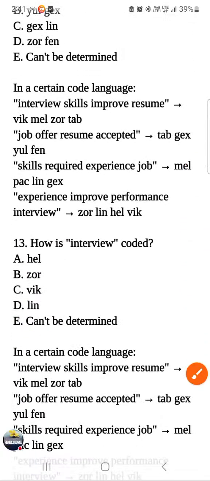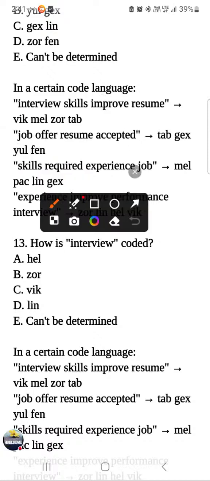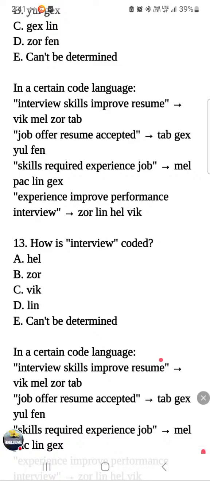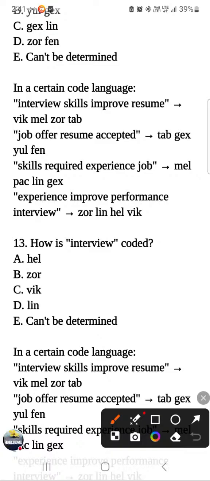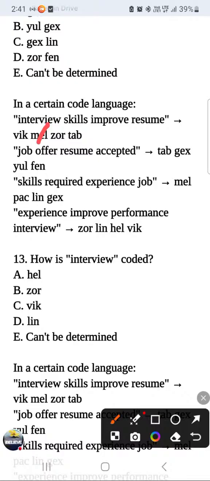How is interview coded? We have interview just here only, so we have to find out the remaining. We have skills here and here, so MEL is not the correct word, and ZOR. Then we have resume.